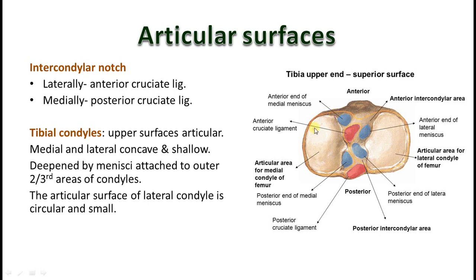Then the anterior cruciate ligament is between the two anterior horns, between the two anterior horns of the medial and lateral meniscus. But with respect to the posterior cruciate ligament, it is the posterior most structure, so it is posterior to all the other structures. So at the end, you have the posterior cruciate ligament in the intercondylar area.